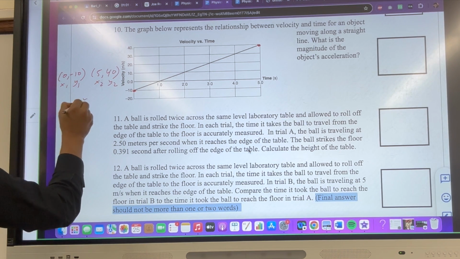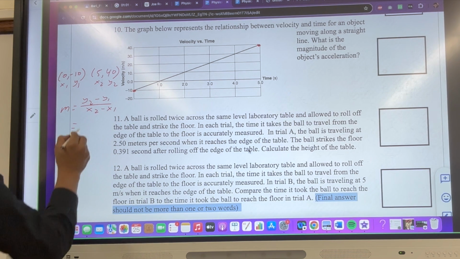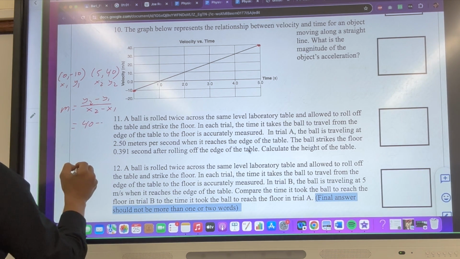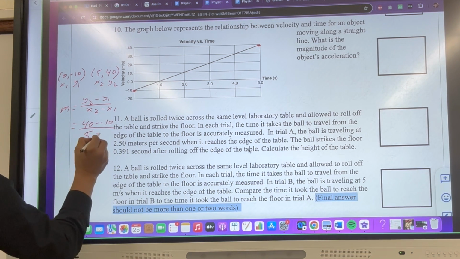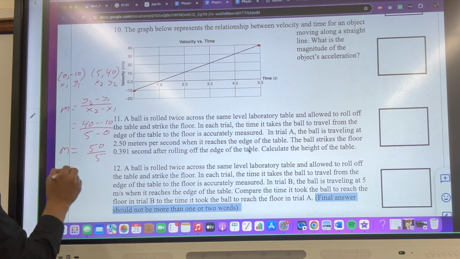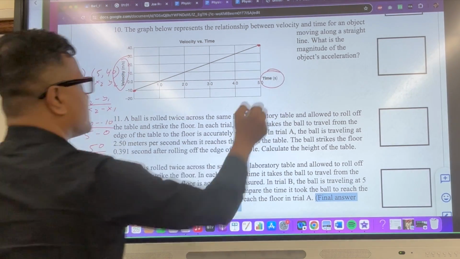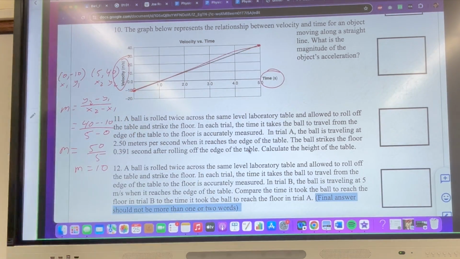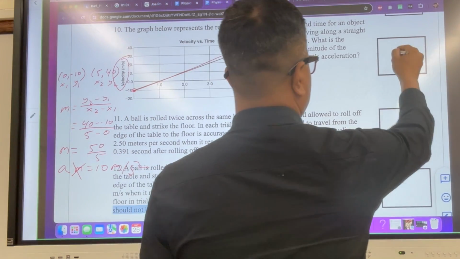Slope is y2 minus y1 over x2 minus x1. Y2 is 40 minus y1 which is negative 10, over x2 is 5 minus 0. So 50 over 5, that's the slope. So slope is 10. This is velocity versus time. So what is the name of the slope? The name of the slope is acceleration. So this is 10 meters per second squared, and that's what it is.